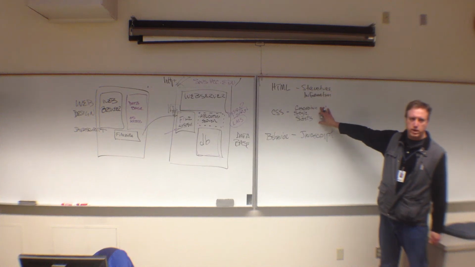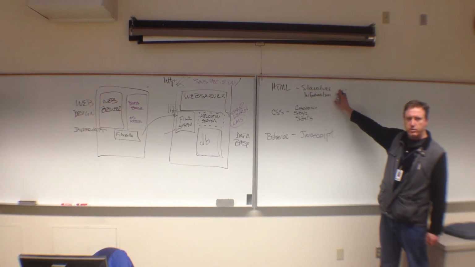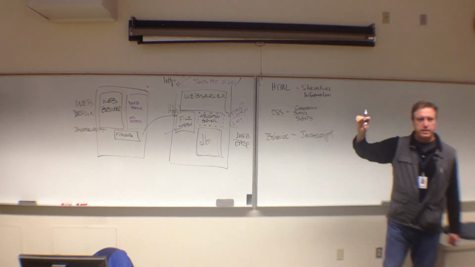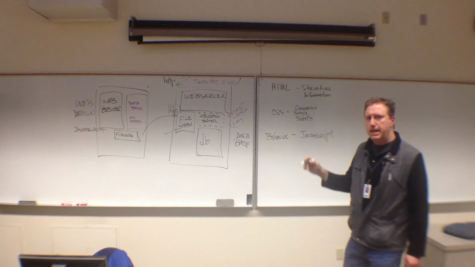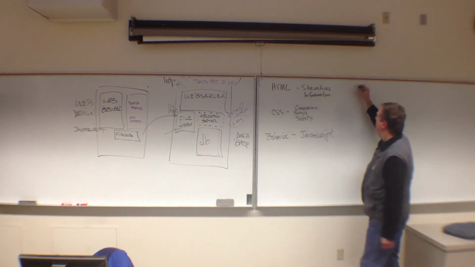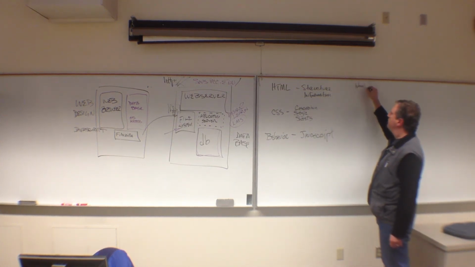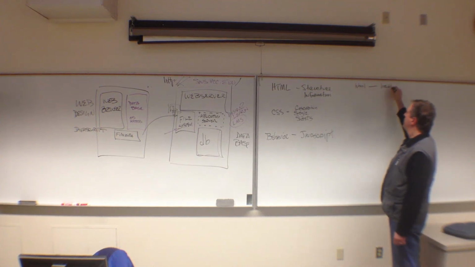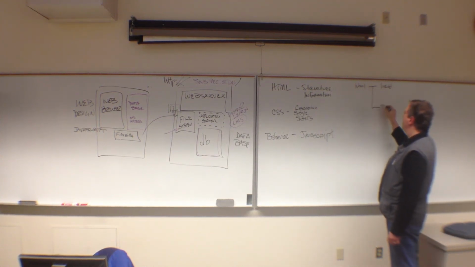Style sheets are what we're going to pick up today. We're going to take a little step back and talk about the structure aspect of HTML. Remember, last time we talked that you had an HTML document. Inside that, there was always a head and there was always a body.